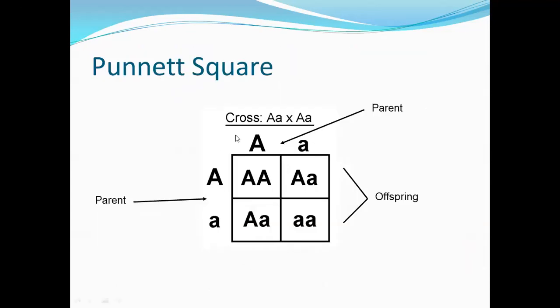These are all the parent genes, and these four here are all the offsprings. So if you would like to know the probability, each block is 25%.